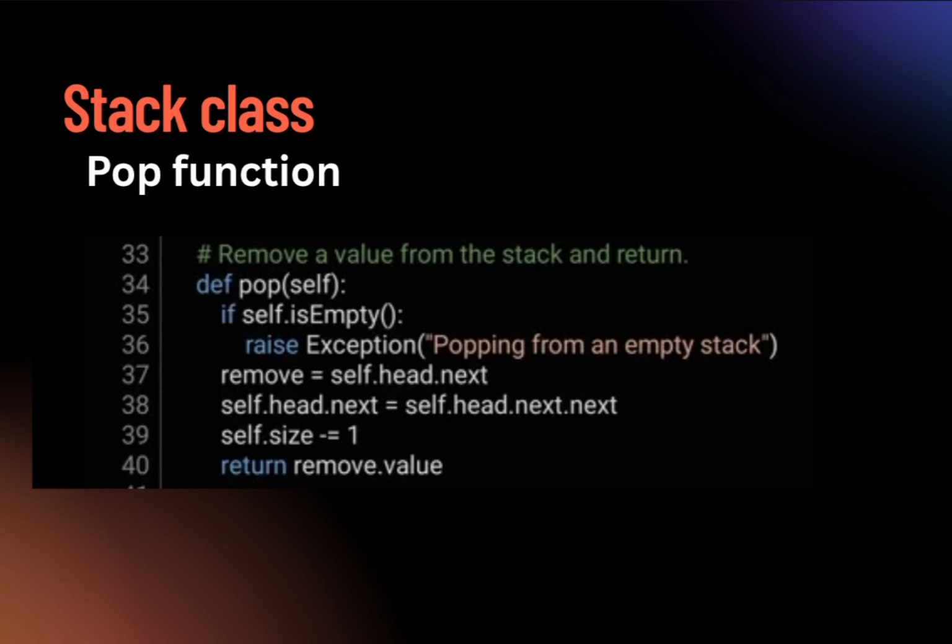The pop function pops or deletes the top element of the stack. It first checks if the stack is empty, then removes the first node after the head. After, it returns its value. Now, the size of the stack decreases.